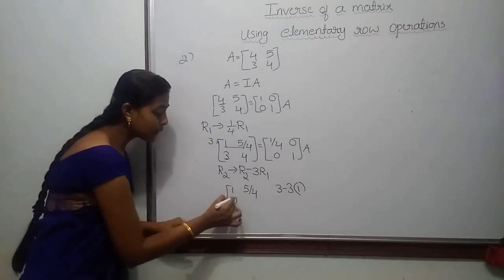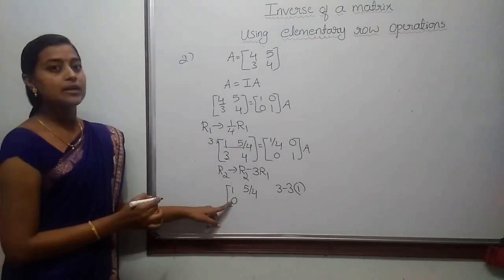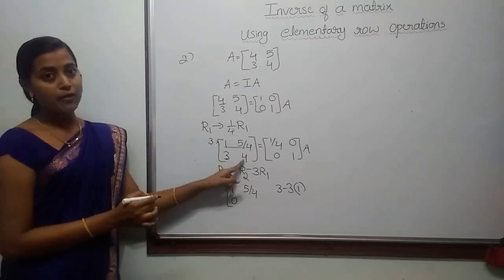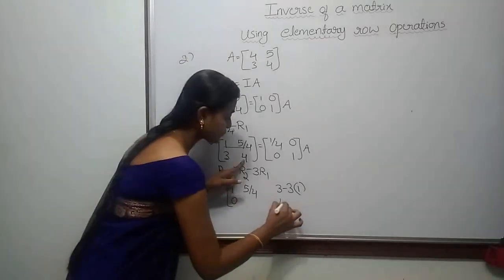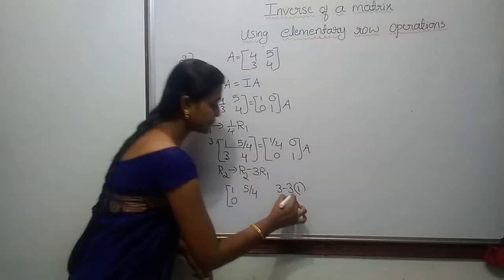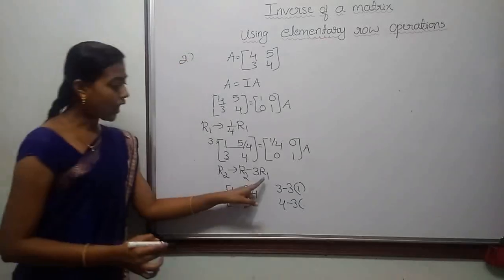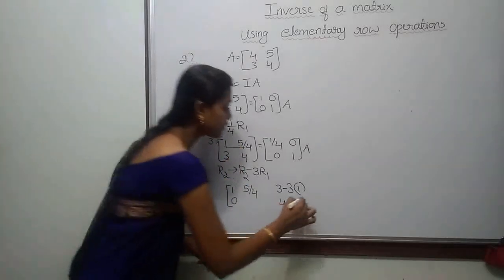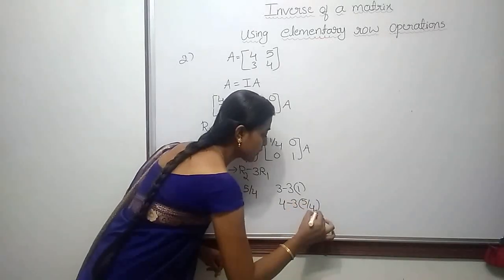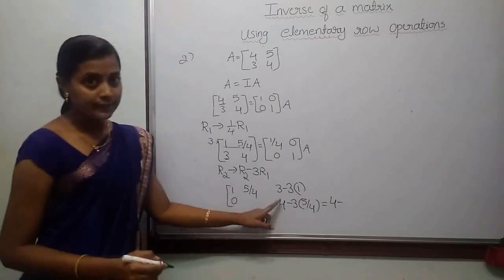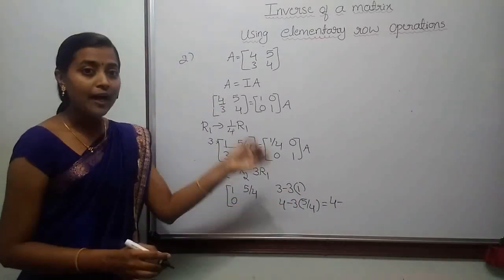Then this element will get changed to 0. Similarly, for the second element. The second element of R2 is 4. Minus 3 as it is, into R1. The second element of R1 is 5 by 4. 4 minus 3 into 5, 15 upon 4.